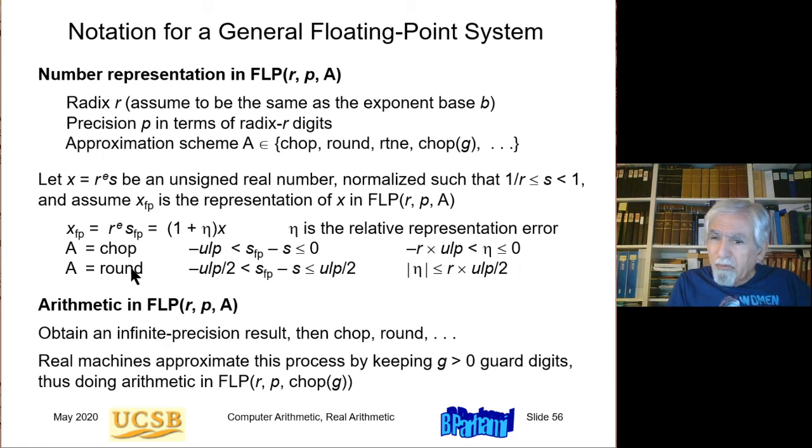If we round, on the other hand, then the difference between the floating point significand and the exact significand that we could have had with unlimited precision is ULP over 2, but it can be positive or negative. And the relative error eta has a magnitude that is half as much as in chopping in the worst case.